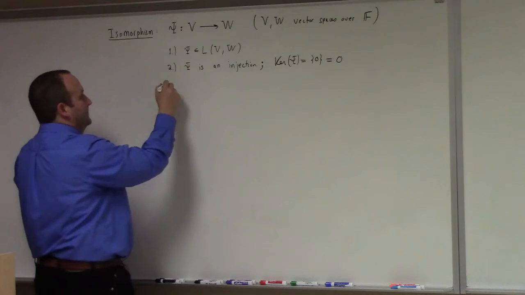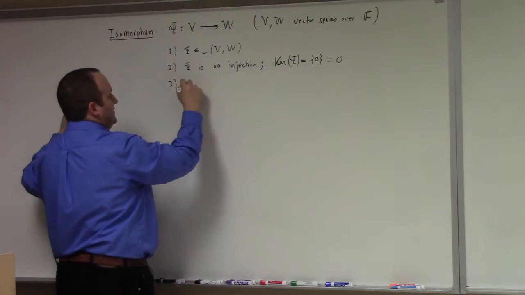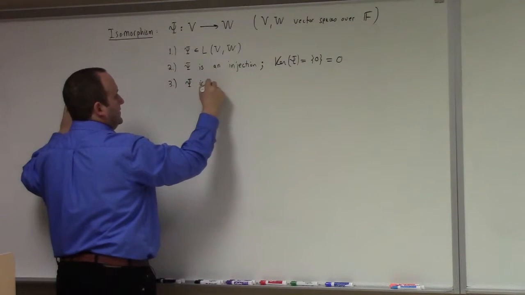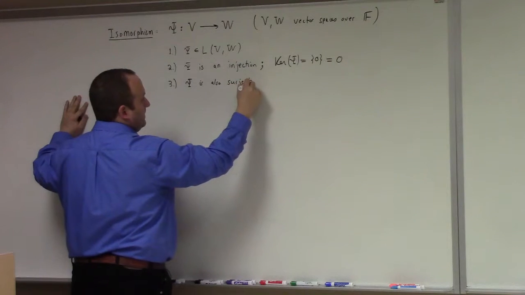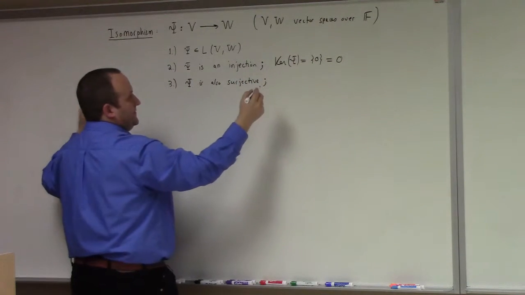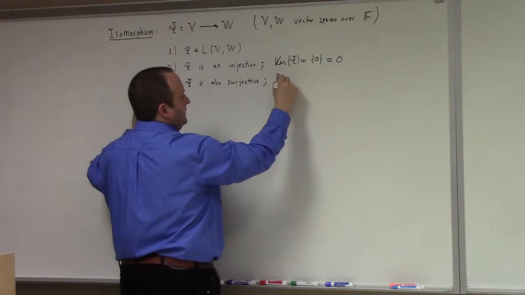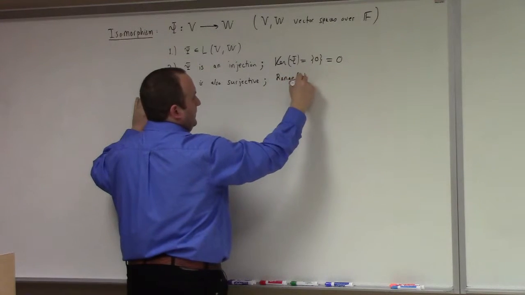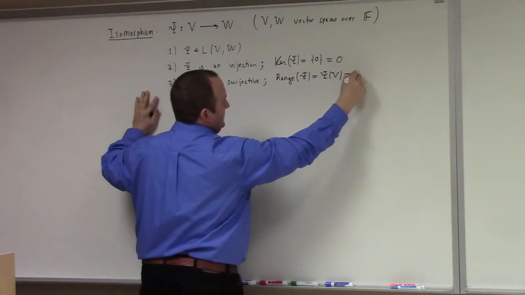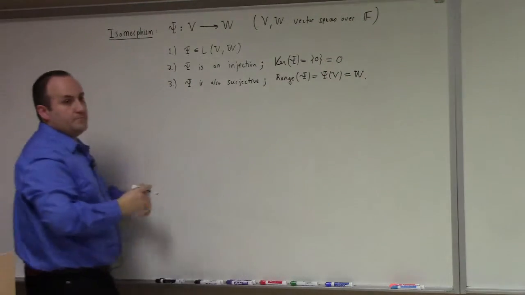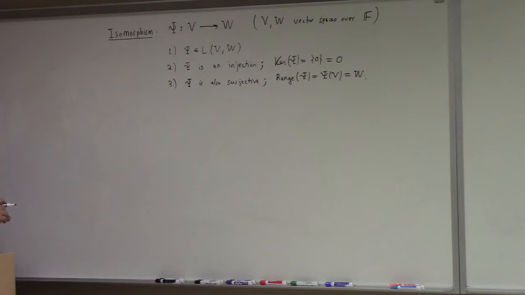Right? Prove that. And then 3, of course, we do need that psi is also surjective, or onto. Now what that means, of course, is that the range of psi, which we could also write as psi of V, is just equal to W. So that's what it takes.